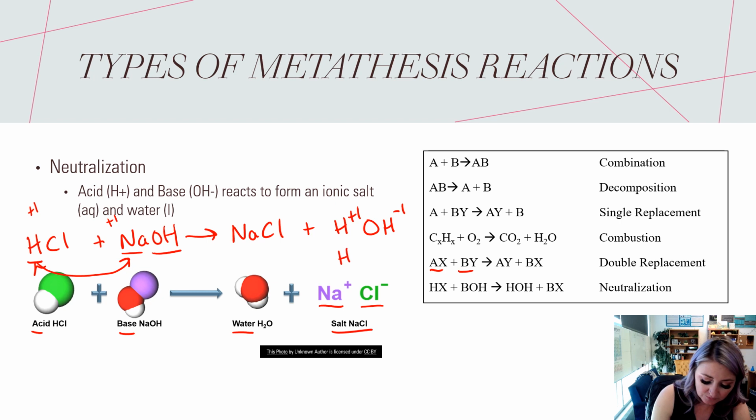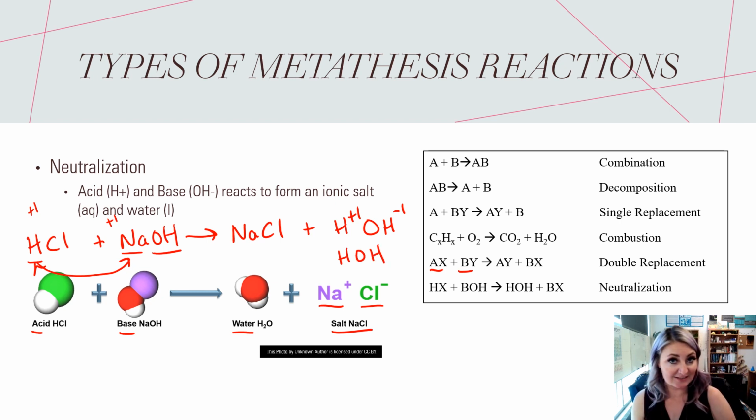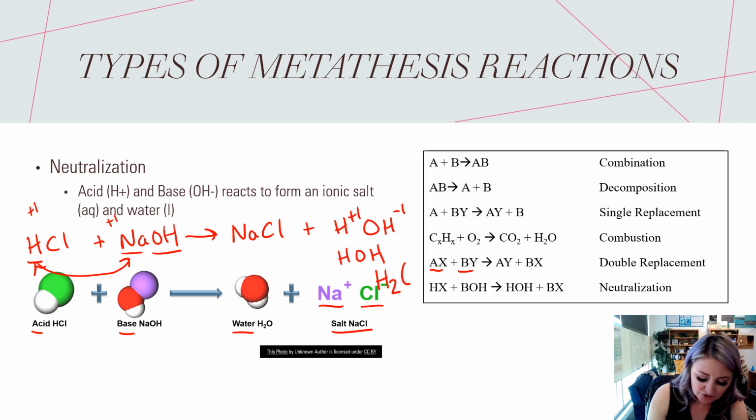However, nobody writes this like this. Instead, they use subscripts to say this is 2 H's and 1 oxygen, forming water. So as long as you know that this functions the same way as a double replacement, you should be good to go. But if you do happen to see one of the products being water, most likely you are dealing with a neutralization metathesis reaction.